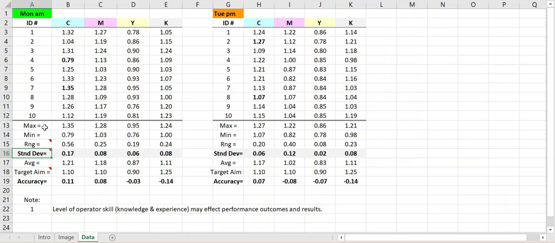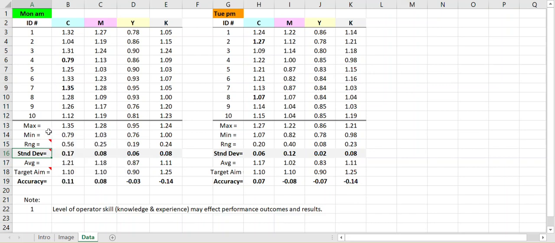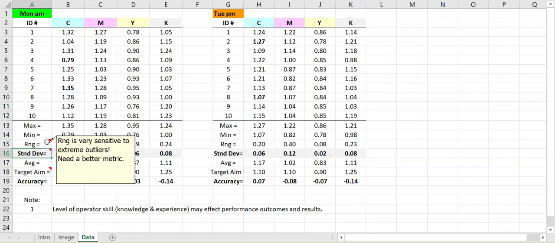We then did some very basic descriptive statistics. We measured the maximum or the highest. We measured the minimum or the lowest. From those two, we subtracted them to get a range. A range is a distance measurement, but we have to be careful about the range because the range is very sensitive to extreme outliers, so there's got to be a better metric than the range, and there is.